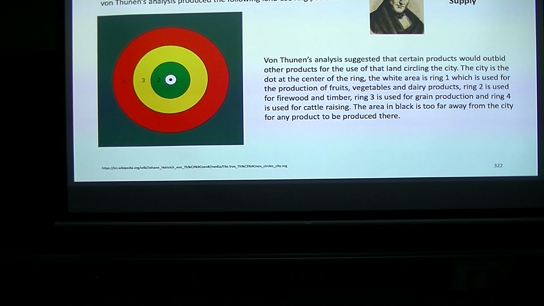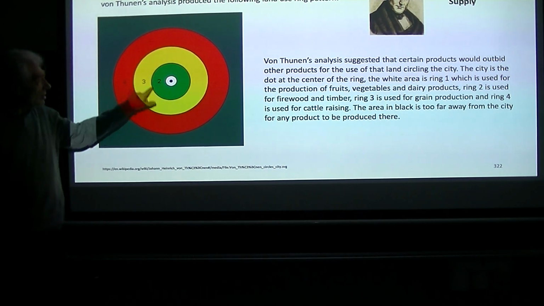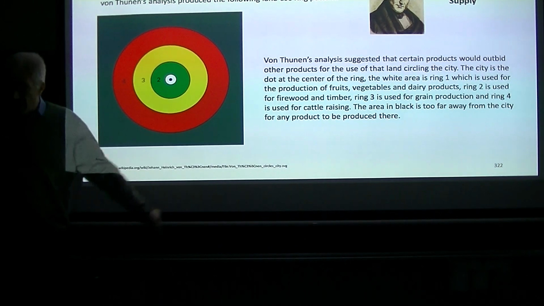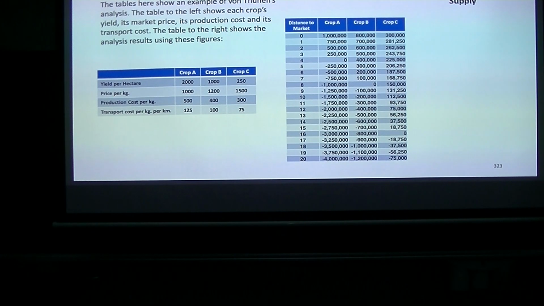He observed this kind of circular pattern: a circular market area around a town, the town at the center, as long as everything is the same in all directions. Well, that's what you observe. We can observe something like that in the real world.